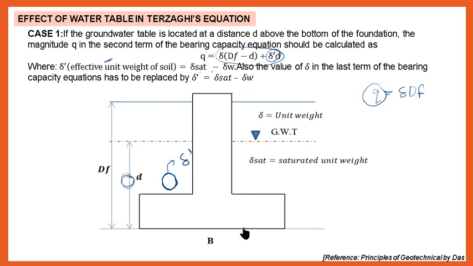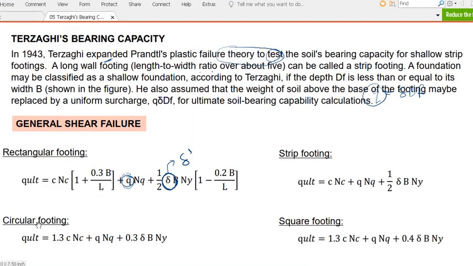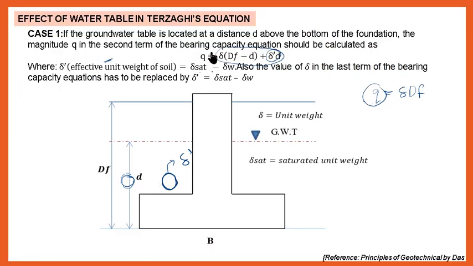So for the circular footing, we replace the equation for Q and replace gamma with gamma prime. The same with the strip footing, the third term. Okay? That is if our groundwater is located above the bottom of our foundation.